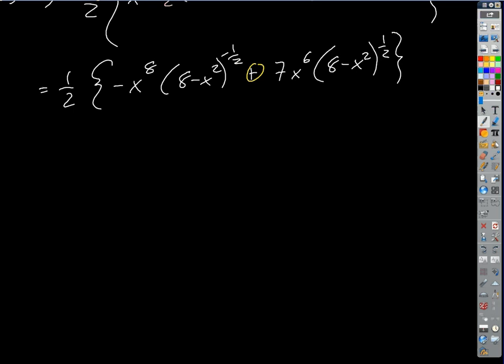Good, the quantity 8 minus x squared. So what's the least power of x? And by the way, there is no common factor of the numbers, right? Negative 1 and 7, we're stuck with. Okay, x to the 6. So we get out front a negative 1/2 x to the 6th.